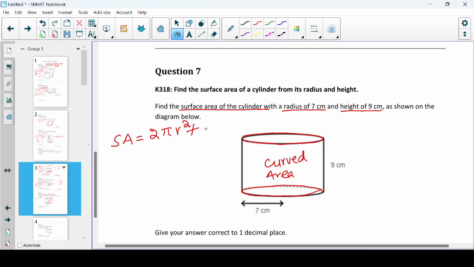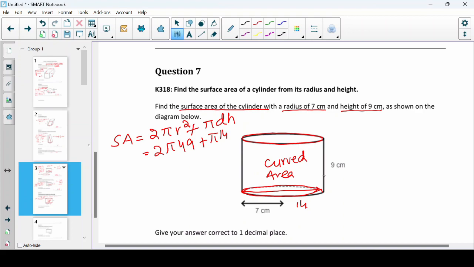If 7 here is the radius, then the diameter will be 14. So we just put the values here. That is 2 times pi times the radius 7 squared is 49, plus pi times 14 times 9.